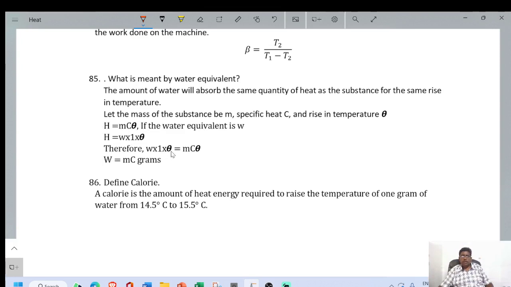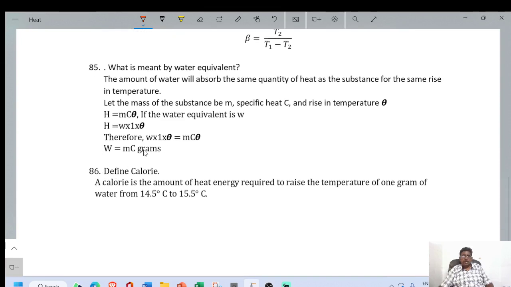Therefore, W into 1 into theta equal to m c theta, then W equal to m into c. The unit of W is grams. Define calorie. A calorie is the amount of heat energy required to raise the temperature of 1 gram of water from 14.5 degrees Celsius to 15.5 degrees Celsius.